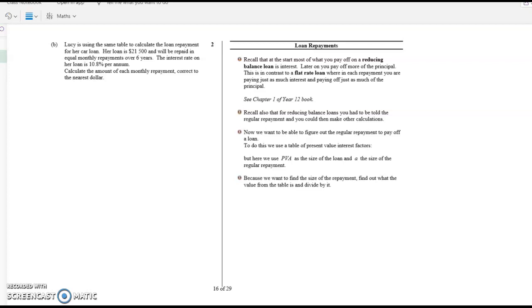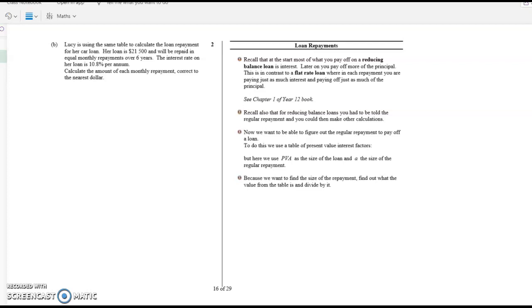That makes it a scenario like an annuity, and so we can actually use the table of present value interest factors to help solve problems involving reducing balance loans.